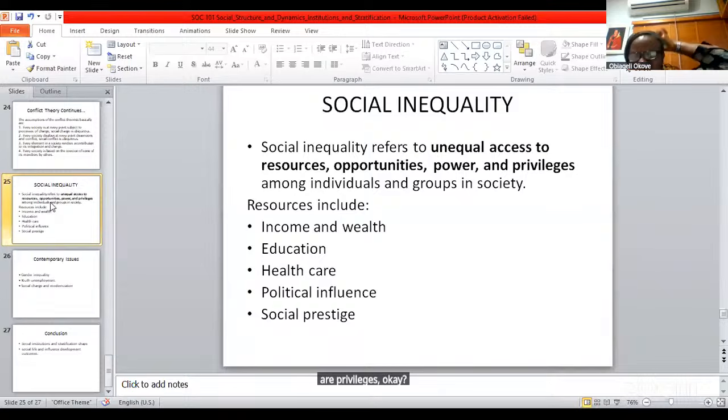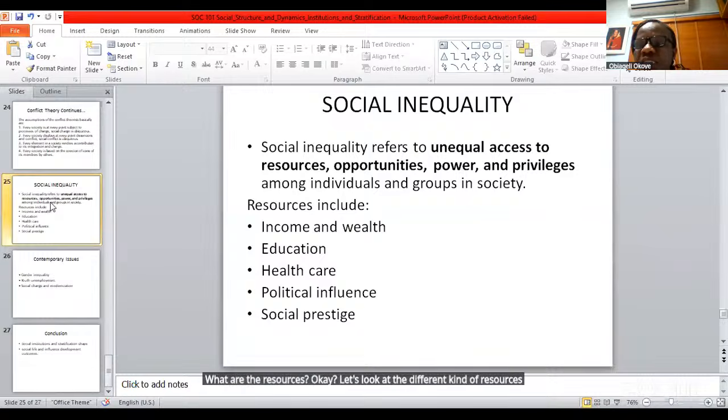So what are the resources? Let's look at the different kinds of resources that individuals in the society have access or do not have access to. You have income and wealth. You have education. You have healthcare. You have political influence. You have social prestige.